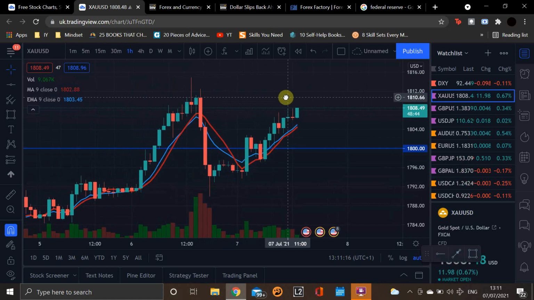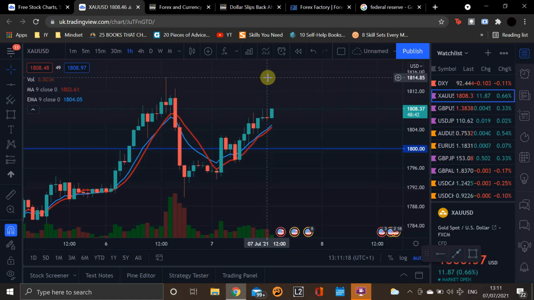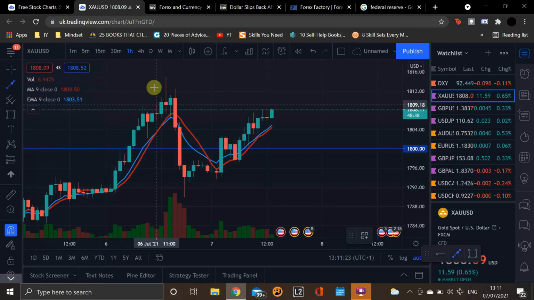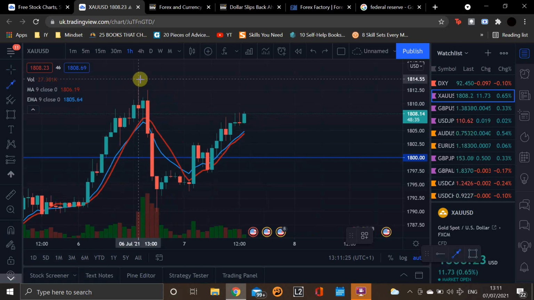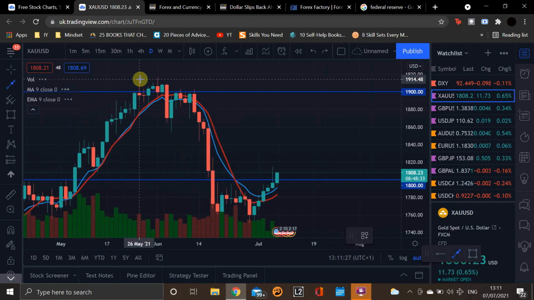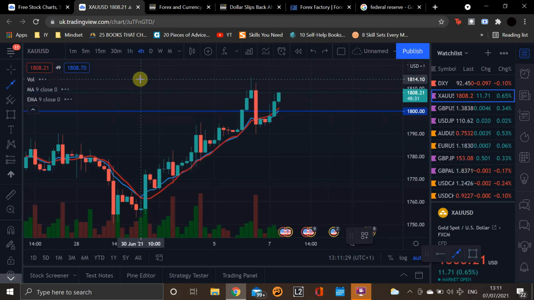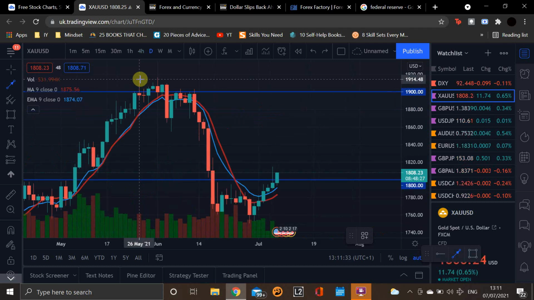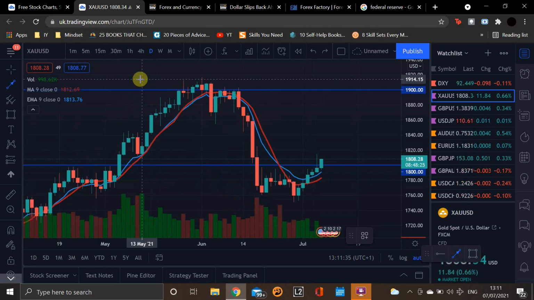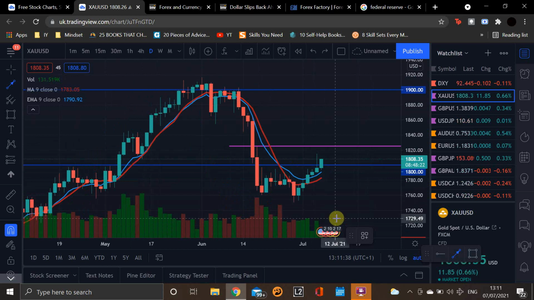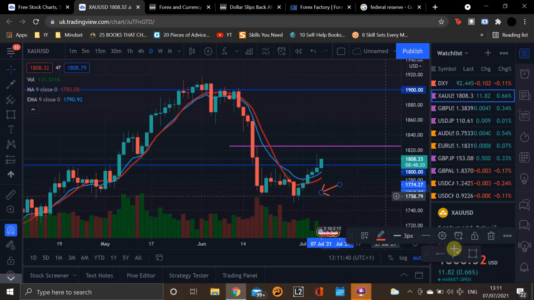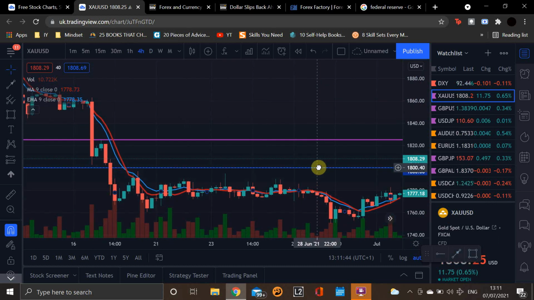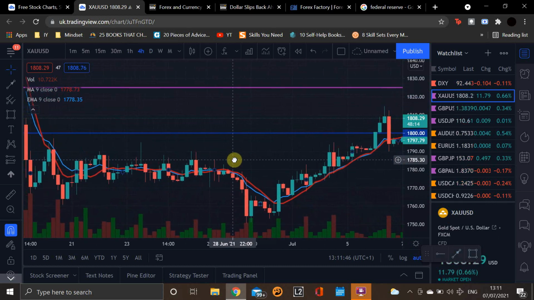However, it has made its own high. It has made its own high, so maybe that's what that arrow was about. Let me double check. Is that what I did? Watch out for breakout, yeah, which is fair.